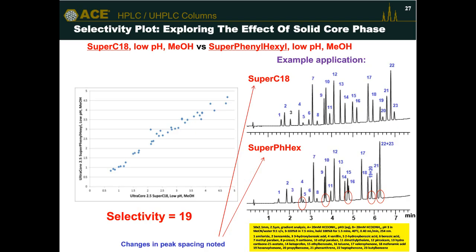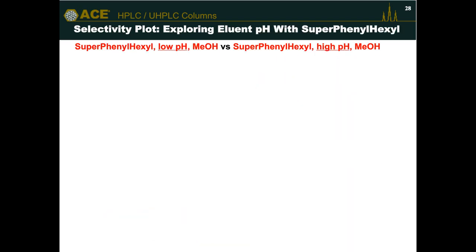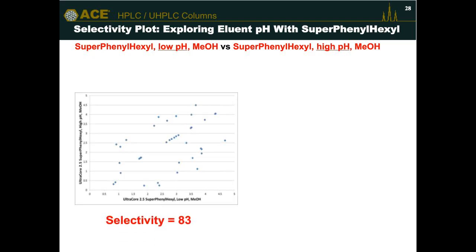Potentially, then you could look at pH on the same stationary phase. So here I have the phenyl hexyl running at both low and high pH with our methanol mobile phase. And that gives us a much bigger scatter in our selectivity plot. So now we have a selectivity value of 83 when we compare the two different pHs.